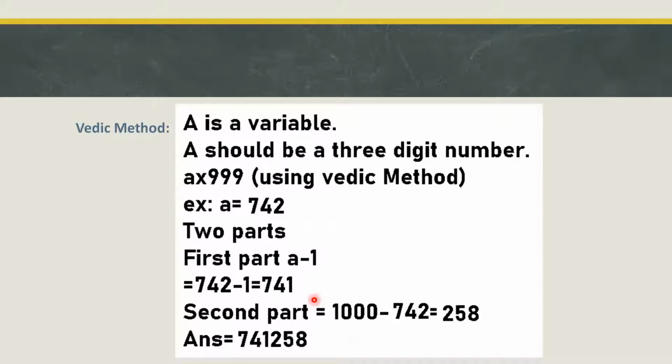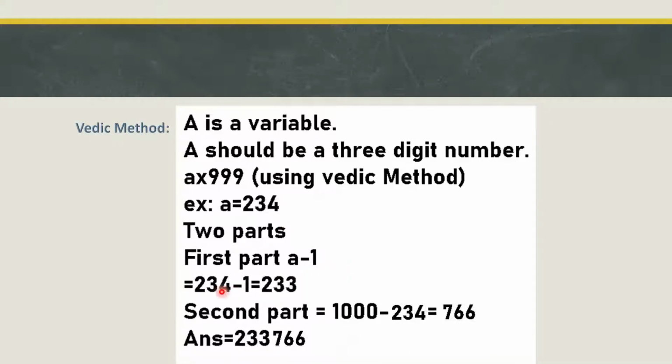I'll give one more example. Take a as a variable, a should be a 3-digit number. This is a condition, and we do a into 999. Here we take a as 742. Here also there are two parts, and the first part is a minus 1, that's 742 minus 1.